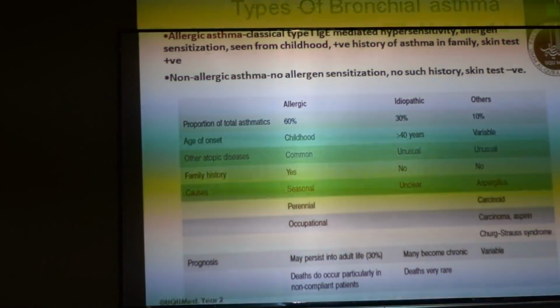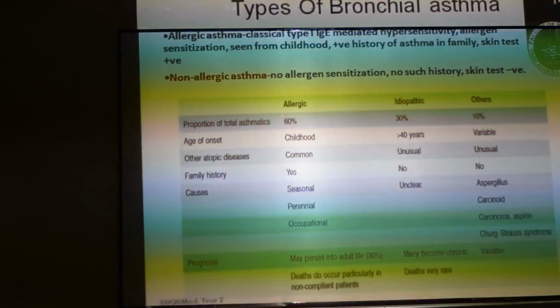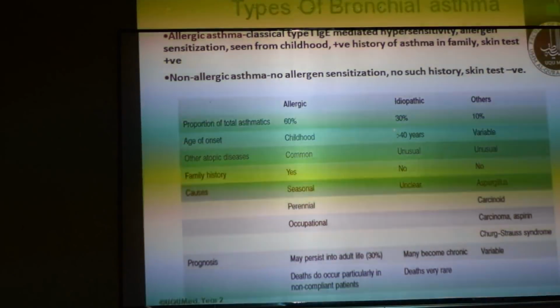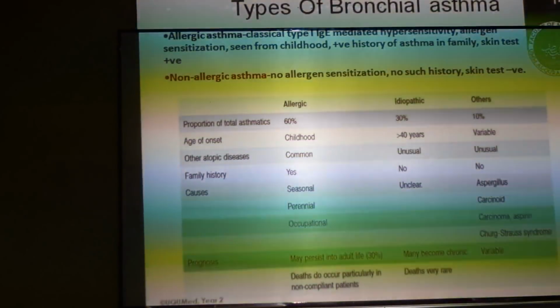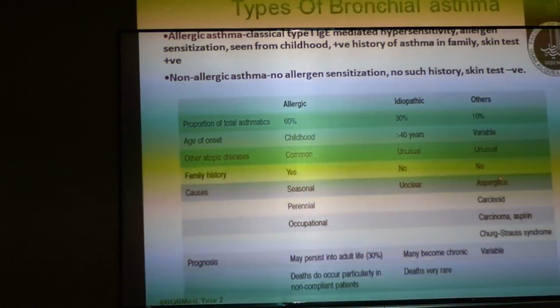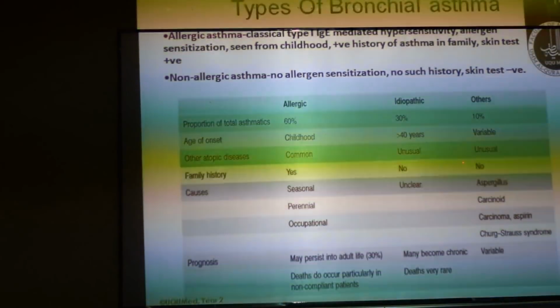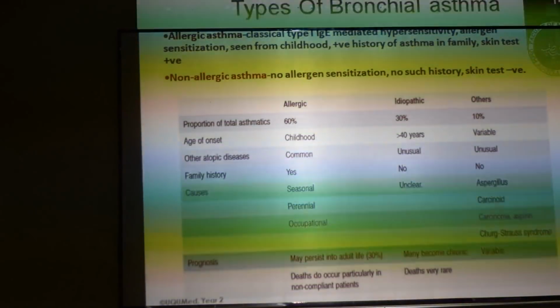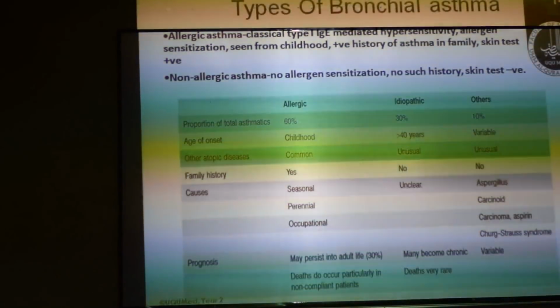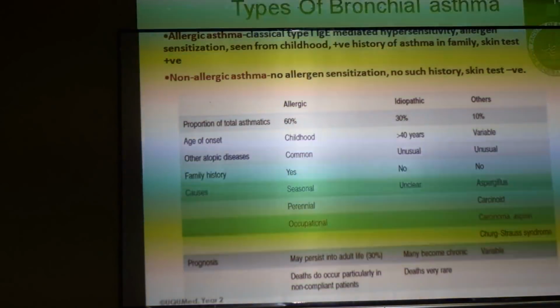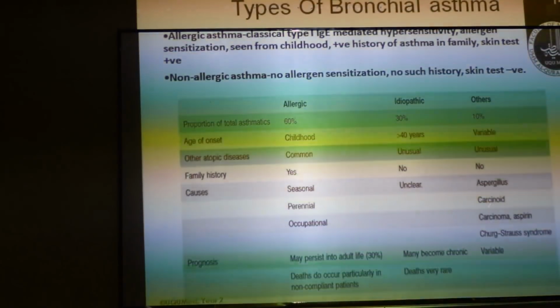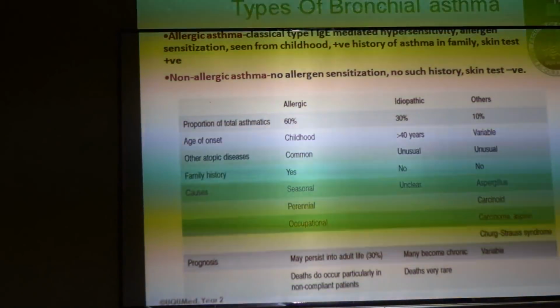So you can see this first group is allergic asthma, the second group is idiopathic, and then this third one is the category of others, where you know some of the causes: exposure to aspergillus, or carcinoid tumors. In some situations where they resemble cancers, such tumors can result in asthma as well.